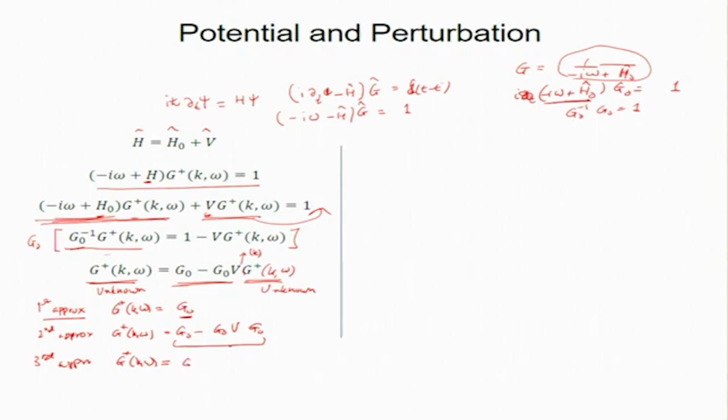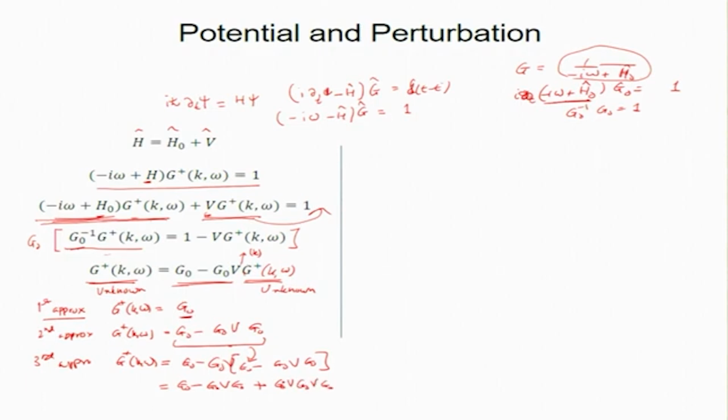So, what will I get? G naught minus G naught V. Now, I plug the whole thing here. So, that is G naught minus G naught V G naught. So, what is this? G naught minus G naught V G naught plus G naught V G naught V G naught.